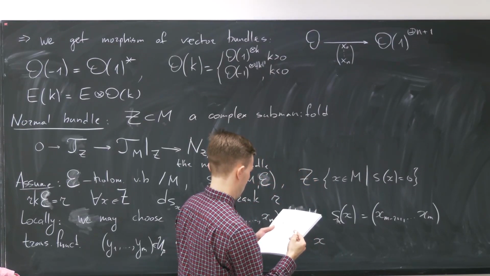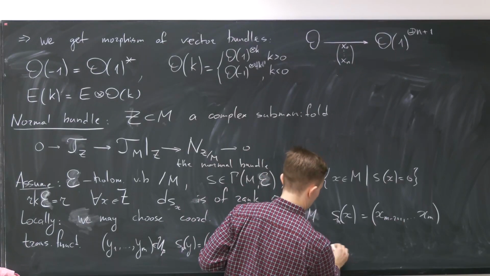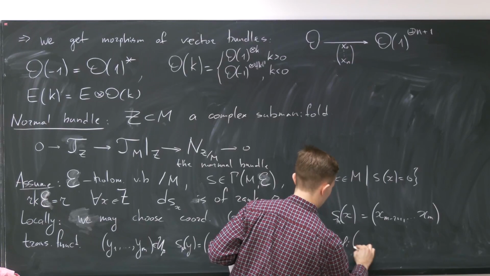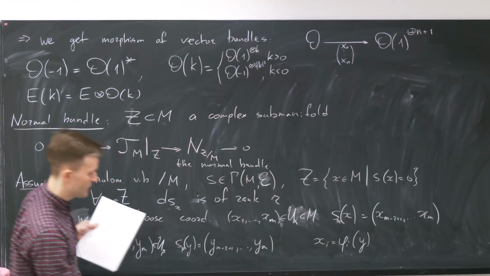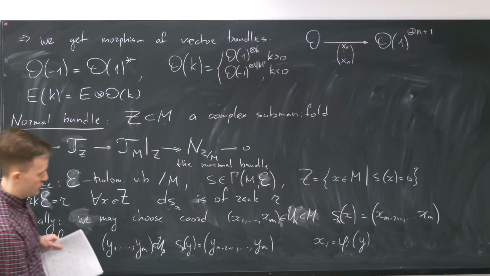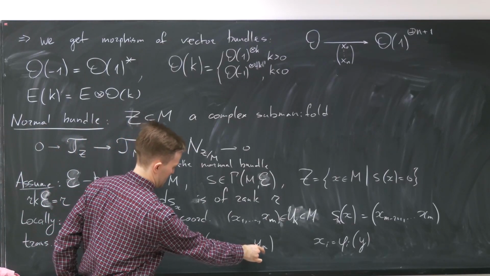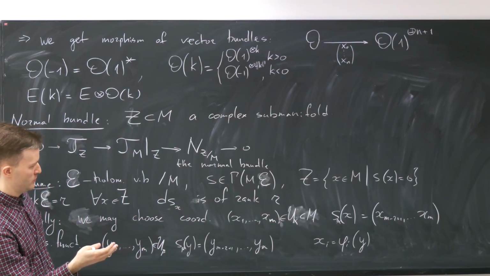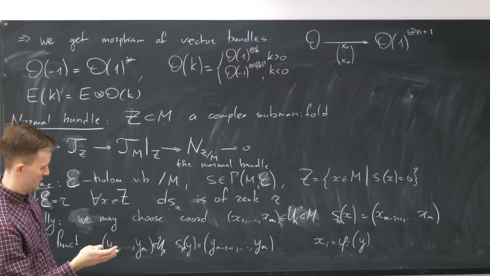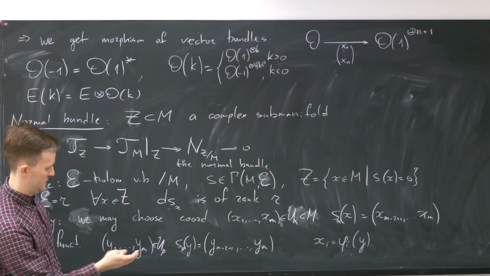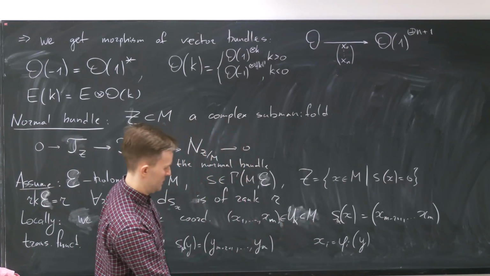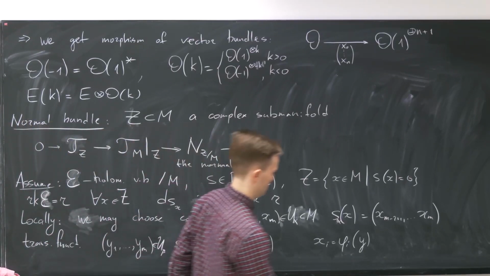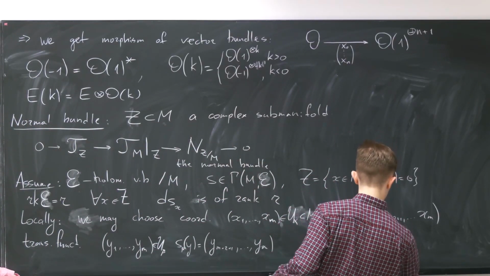So I want to write that x_i is a function of y. But moreover, since we have chosen these coordinate systems in such a way that the last R coordinates are given by this section of this vector bundle, these last coordinates are related by some linear transformation, by this cocycle.